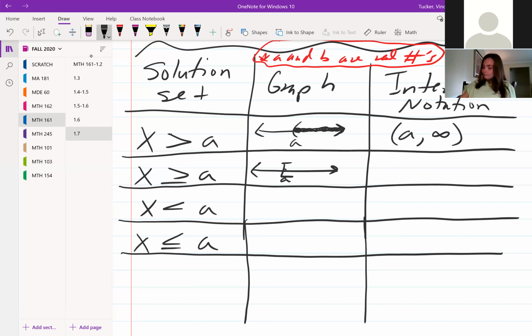Here I'll use bracket, shade to the right, a comma infinity, bracket on a, parentheses on the infinity sign.